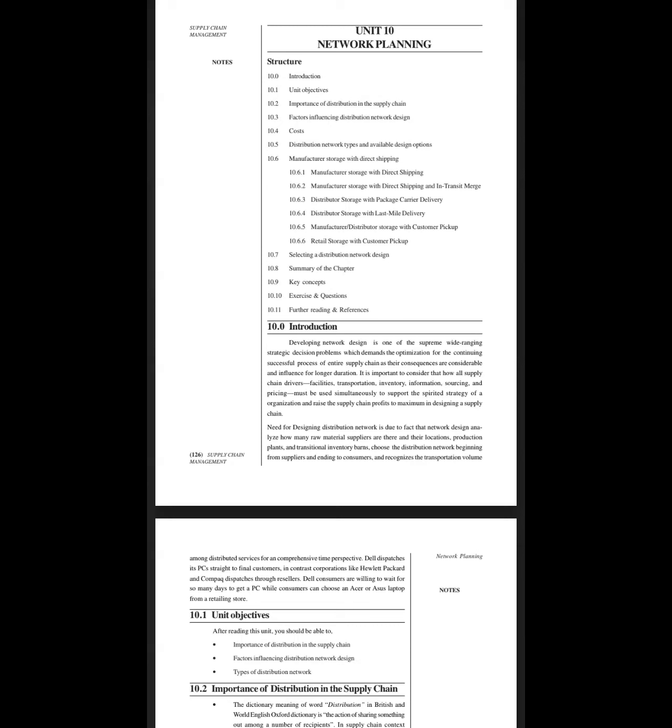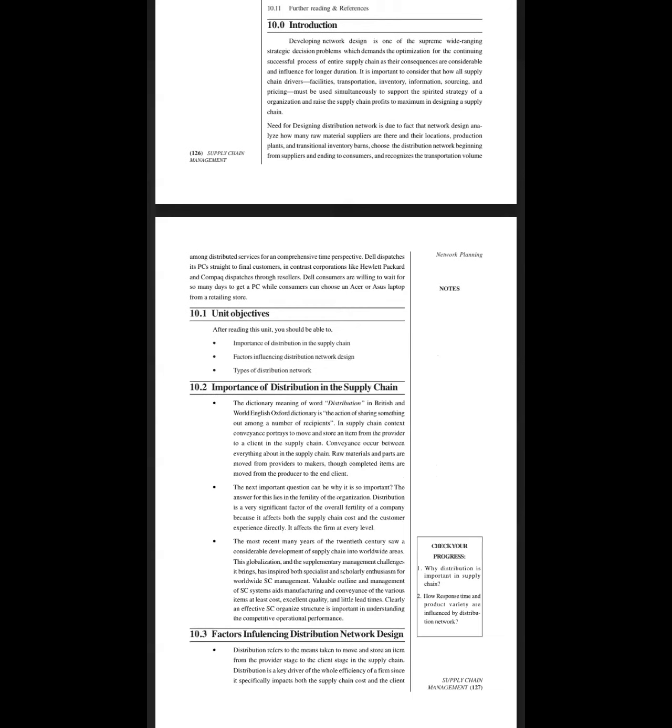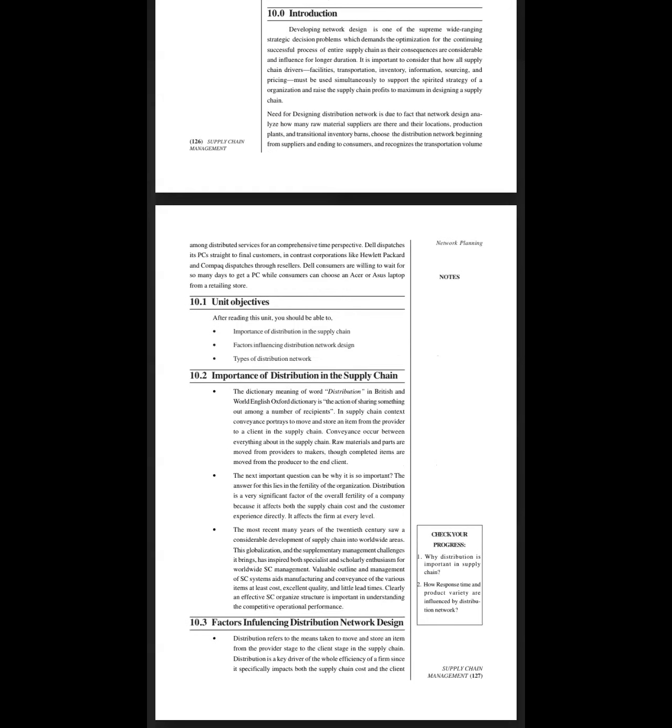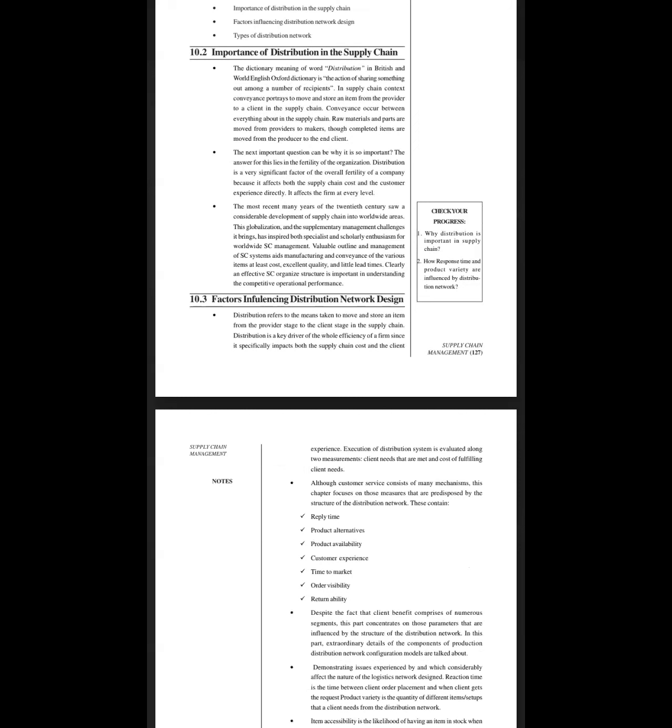Okay, then the next part is called importance of distribution in the supply chain. Definitely distribution plays an important role. See, in your book they have given the word distribution, where the word has occurred: the action of sharing something out among a number of recipients.